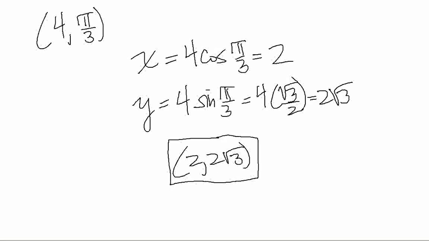Now I'd like you to do some examples. Would you please convert 0 comma 2 to polar? What is that in polar? Pause the video and do that now if you like. All right, so I'll go ahead and do it as well. It's going to be a point located on the y-axis. The distance from the origin is going to be 2, so r is 2. You can also determine that from the square root of 2 squared.